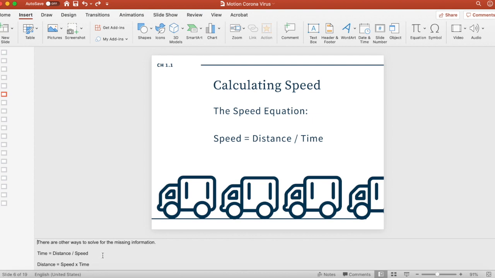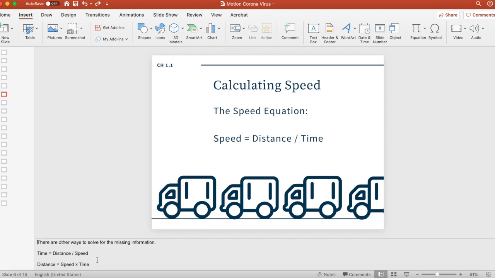So, like I said, there are other ways to solve for the missing information. I might say that there is a train traveling at a speed of 500 miles per hour for 20 miles. What is their time? And you would have to solve for that.